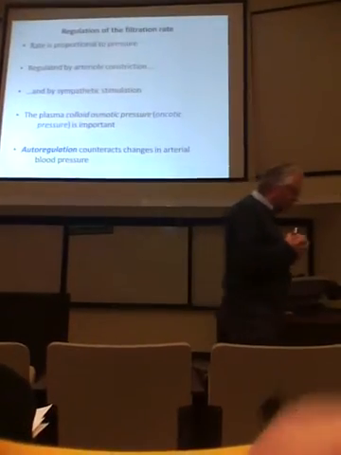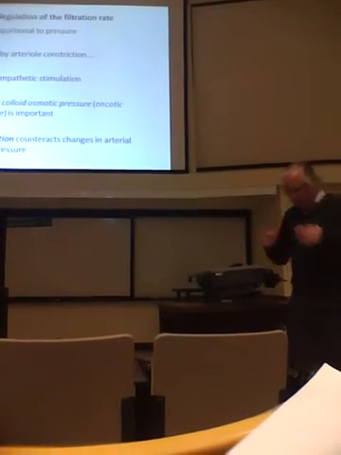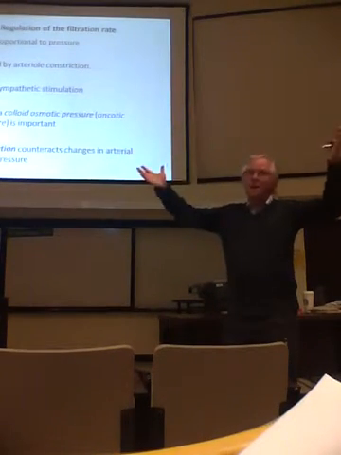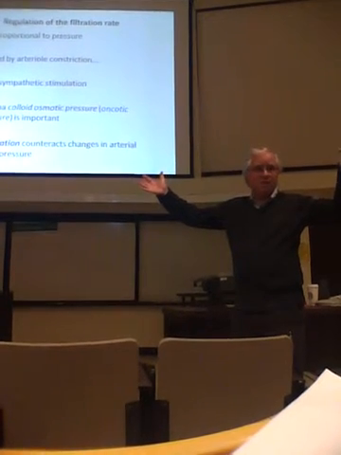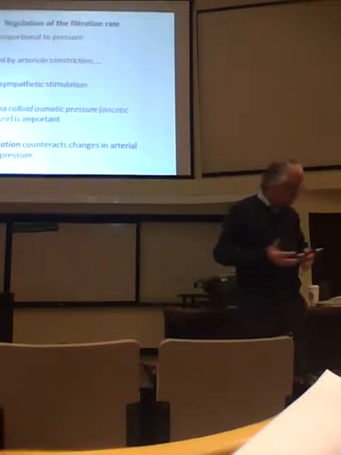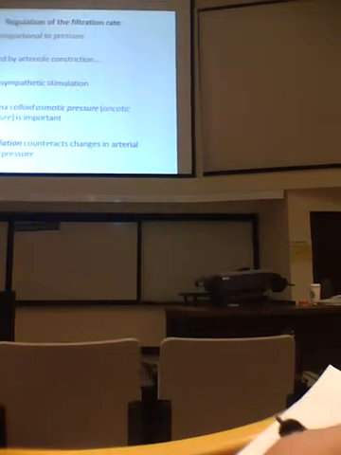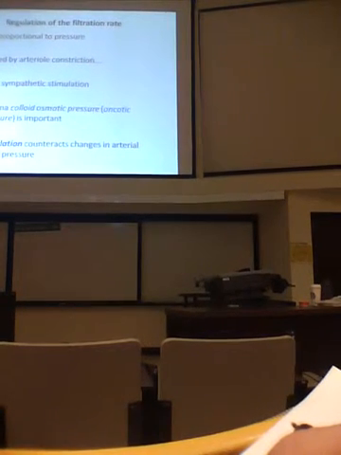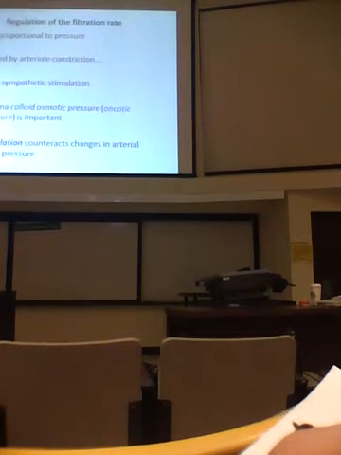So, in fact, when our blood pressure goes up and down, kidney function stays fairly constant. It's the old story, isn't it? Homeostasis, keeping things constant, despite changes in the external environment. And so we are able to regulate the filtration rate.